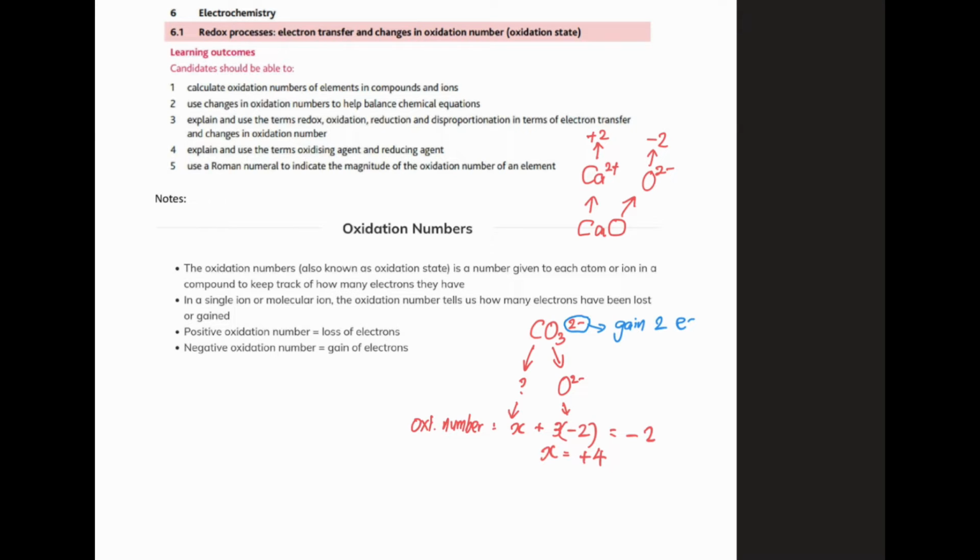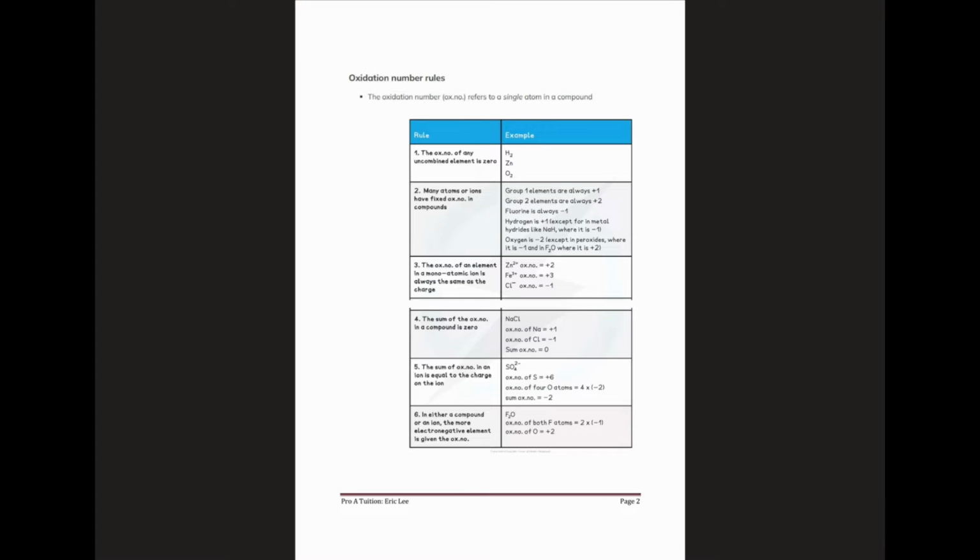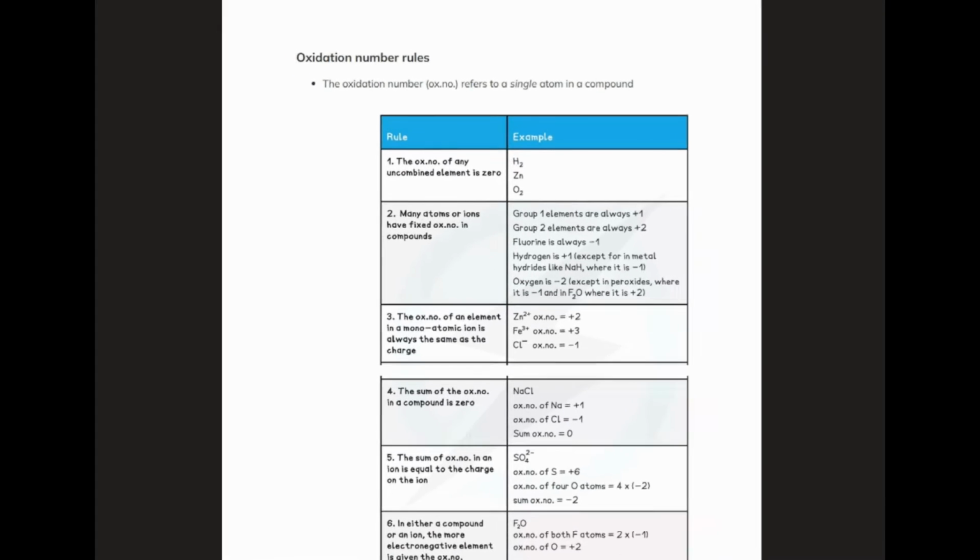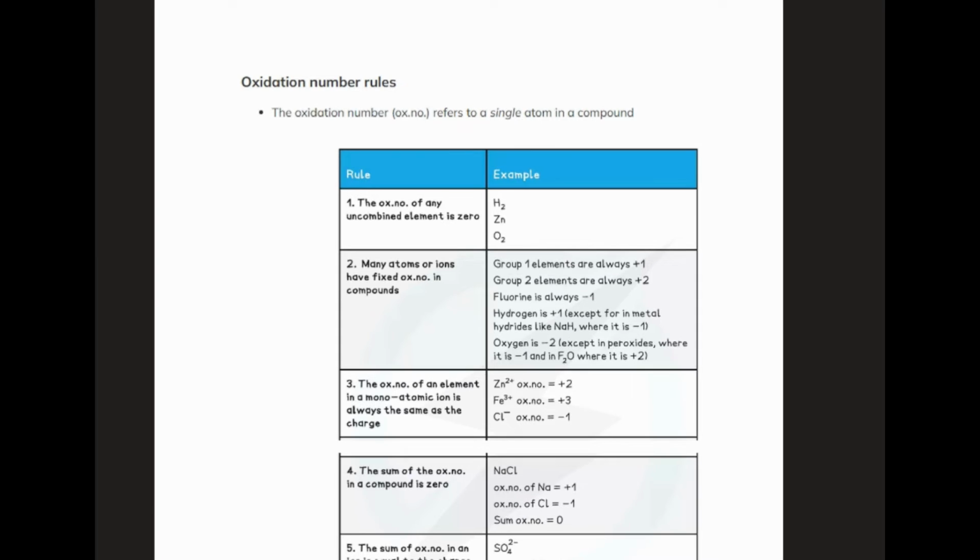Let's move on. On this page, oxidation number rules. First of all, the oxidation number refers to a single atom in a compound. So you must refer to a single atom.